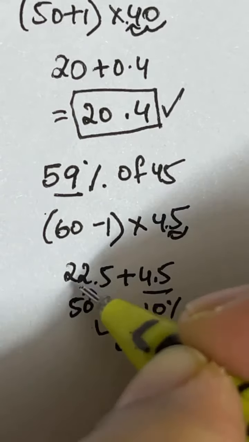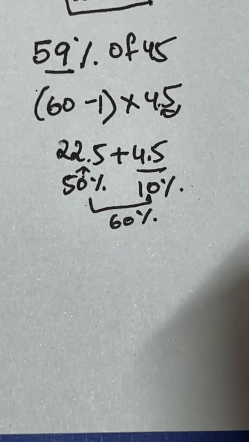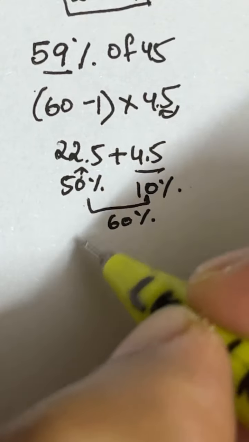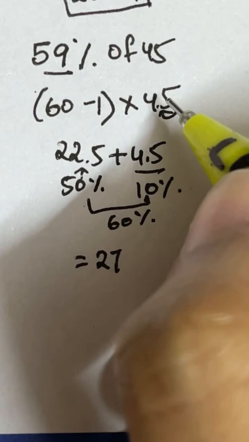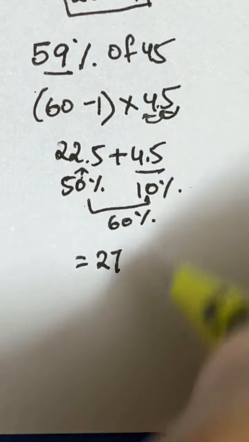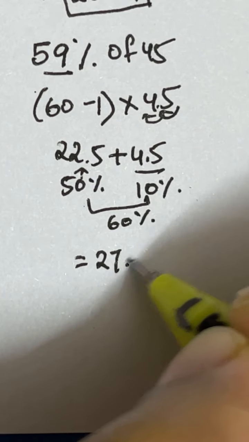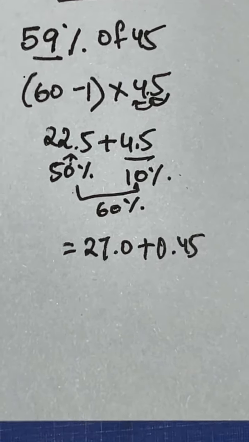Is that right? 22.5 plus 4.5 will give you how much? 27. Yes. Now you need to find 1% of 45. 1% of 45 will be: move the decimal 2 slots towards left. So 27.0 plus 0.45.